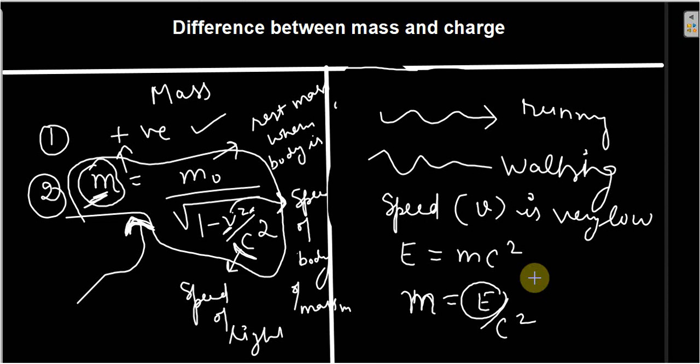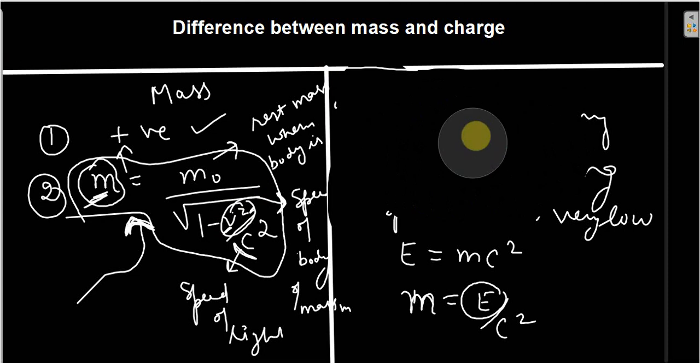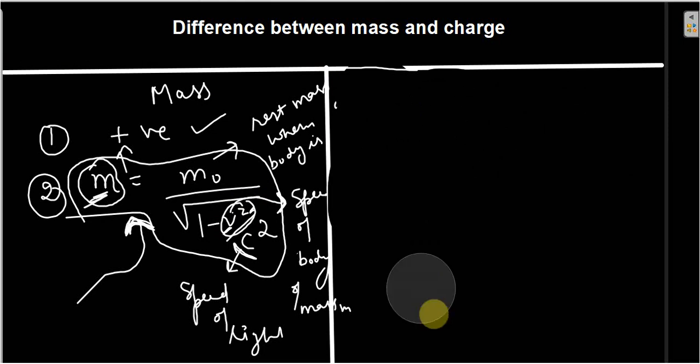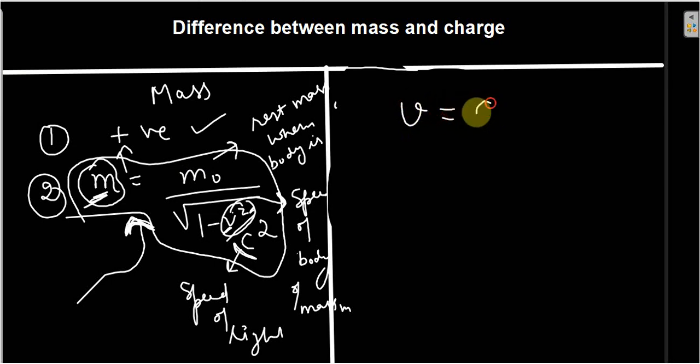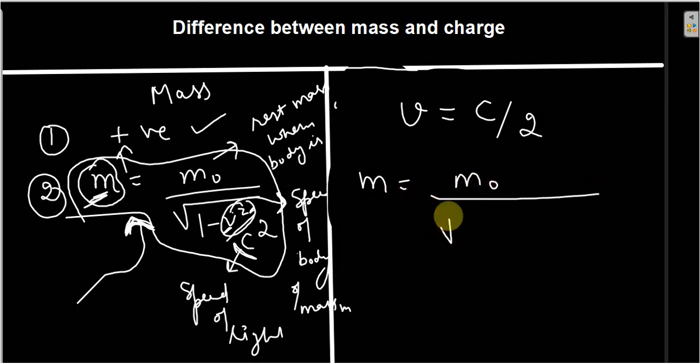But what will happen when a body moves with a very high speed? Let us take an example: let the body speed be half of the speed of light. Now substitute the value in this relation: 1 minus c by 2 whole square by c square.